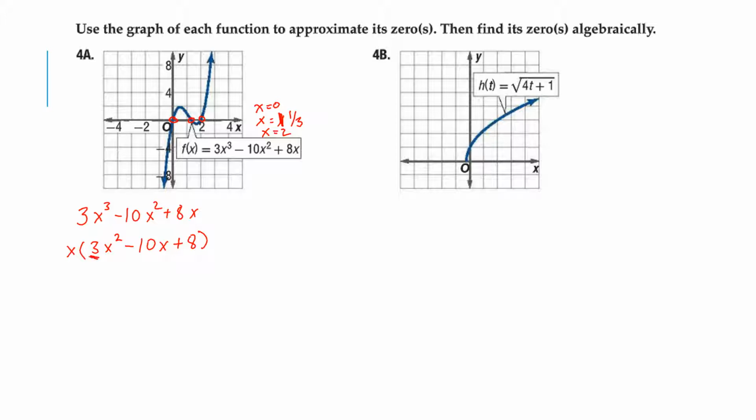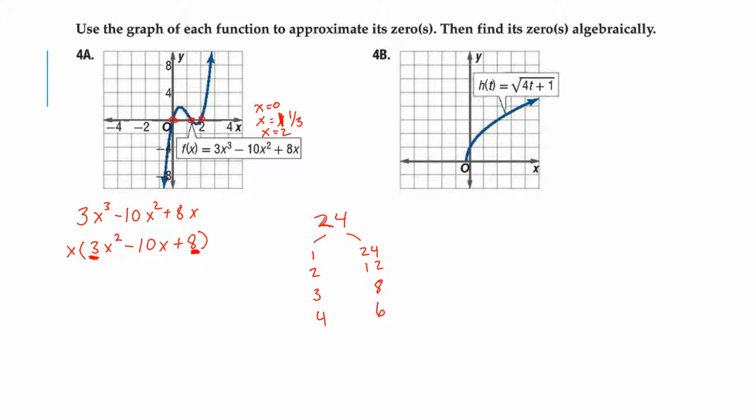So you see 3 and you see 8. 3 times 8 is 24. The factors of 24, I get 1 and 24, 2 and 12, 3 and 8, 4 and 6, and that's all.